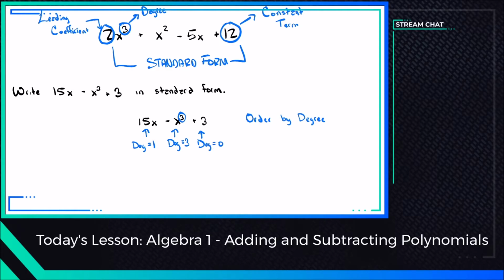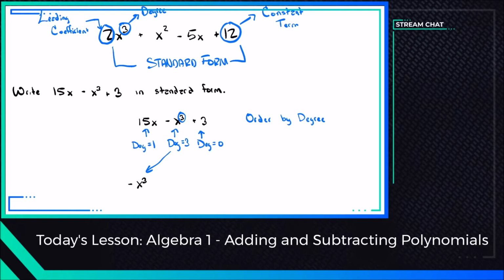So now you go through and look, which is the largest degree? Well, the degree of 3 is the largest, so we're going to put that in front. The big thing is here, we need to keep the negative with the x cubed, right? You need to start realizing that a minus sign goes with a negative. Minus and negative is kind of interchangeable, right? So this is a negative x cubed.